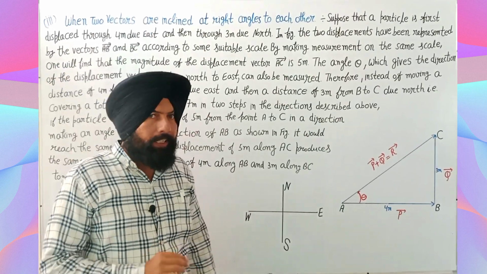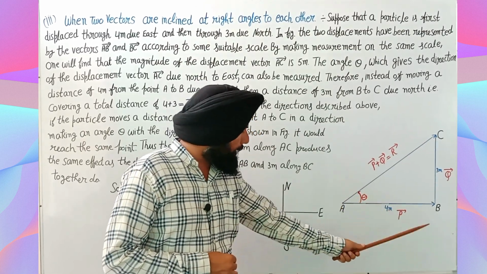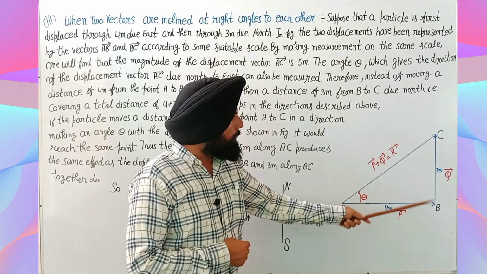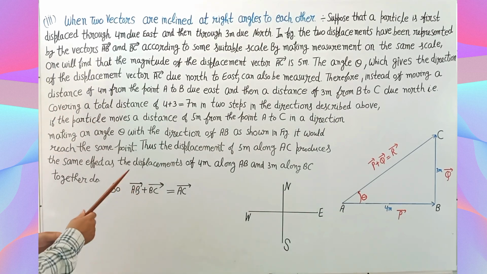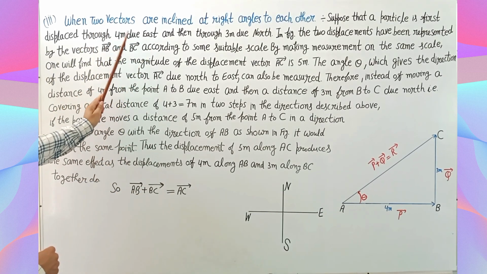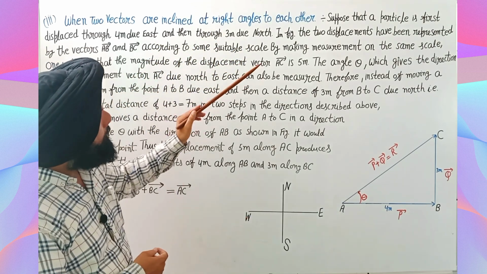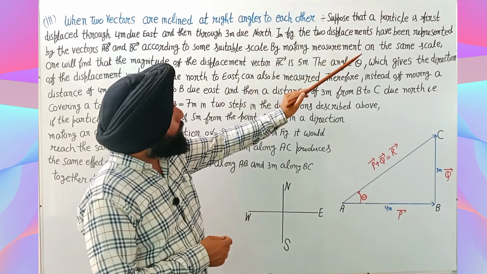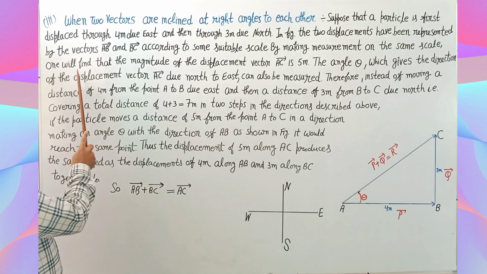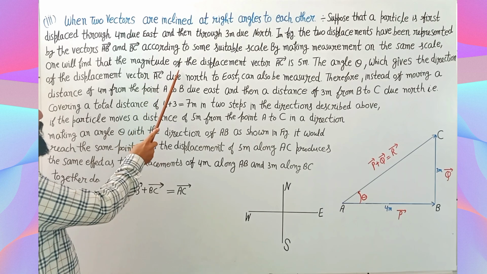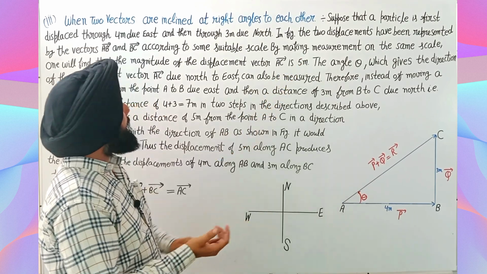AB vector towards east, BC vector towards north. According to some suitable scale, by making measurement on the same scale, one will find that the magnitude of the displacement vector AC is 5 meter.